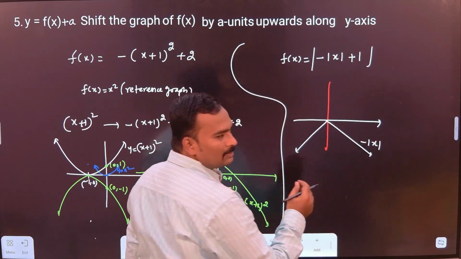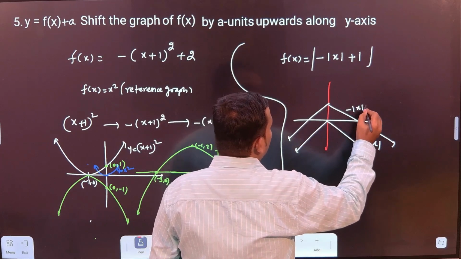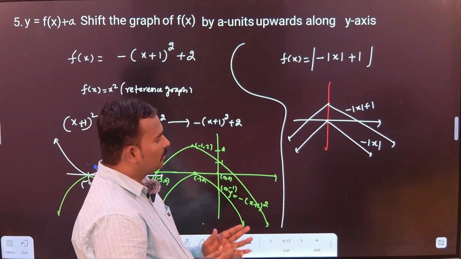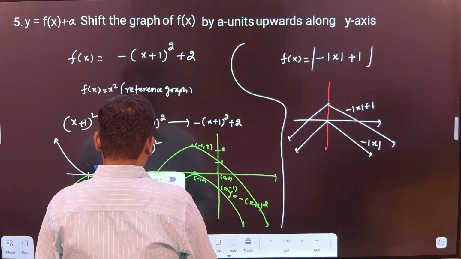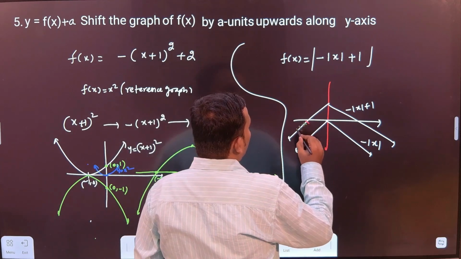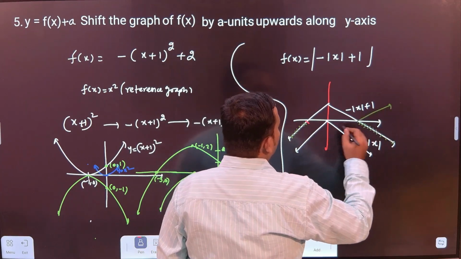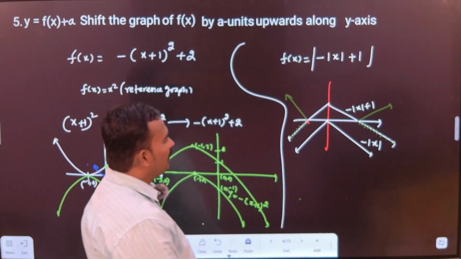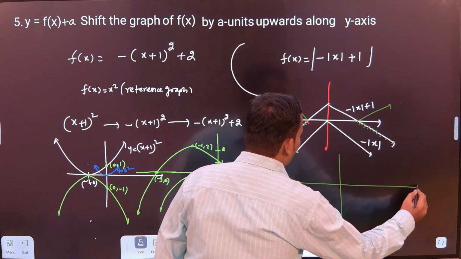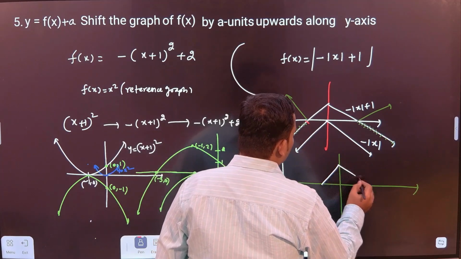Minus mod x, and plus 1 you have to shift 1 unit up, minus mod x plus 1. Okay, then you can apply modulus on this. Modulus job is what? The negative y values there, now you have to shift them up, right? This is the graph. Understand? Okay. The whole graph is like this, right?